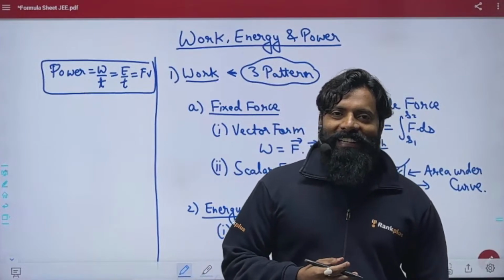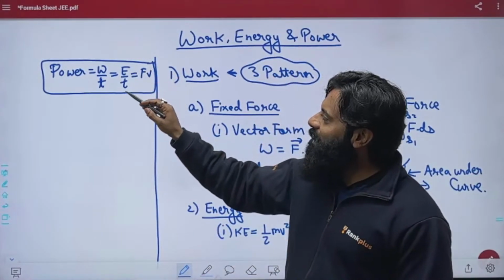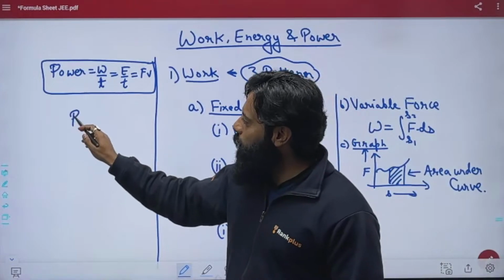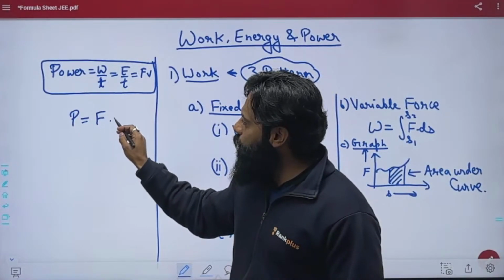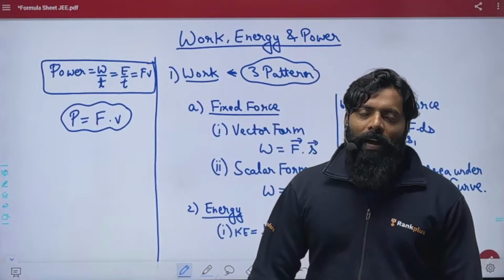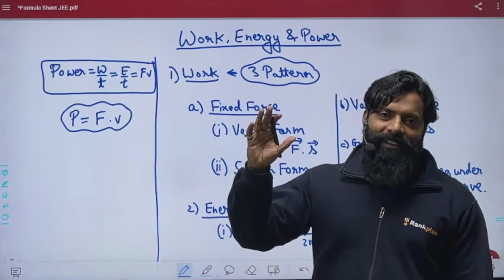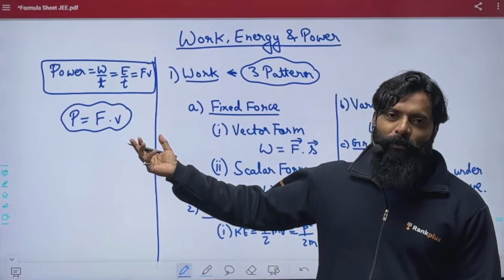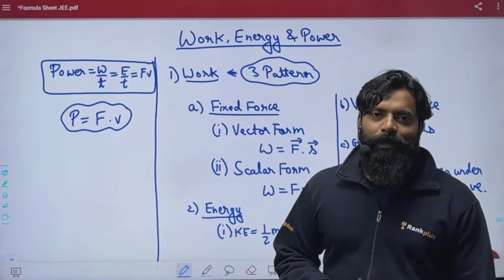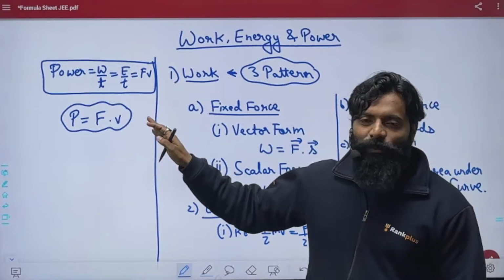You will find that the JEE examiner is asking questions based on power equals force into velocity again and again. I'm seeing a separate romantic affair going on between this formula and the JEE examiner.